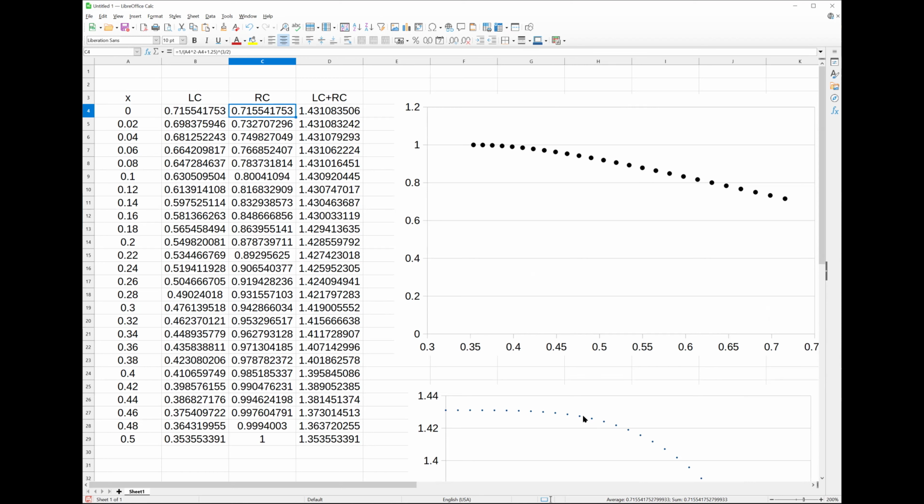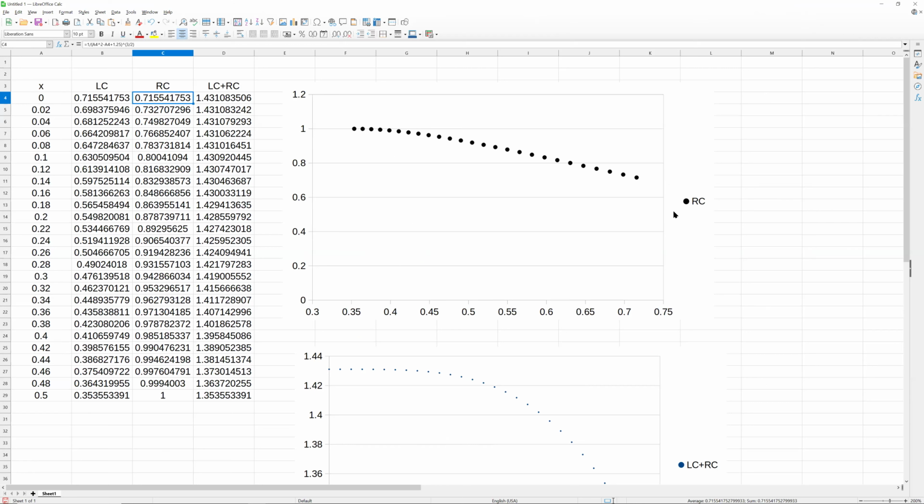Unfortunately, when I made the first graph, I made the dots too small, and I haven't been able to figure out a way to simplify that too much. But this is the curve for just the right-hand coil. And I was a little surprised that it's a little bit stronger in the middle. And then it gets weaker as you... well, that's weird.